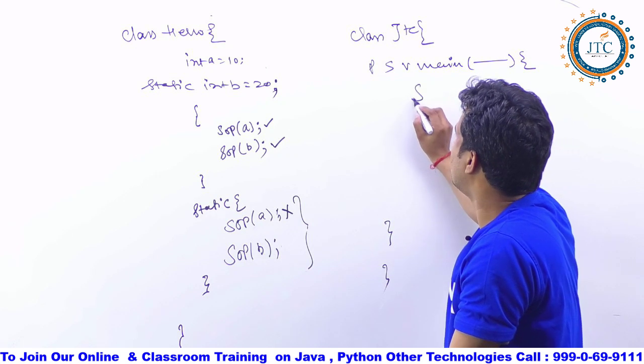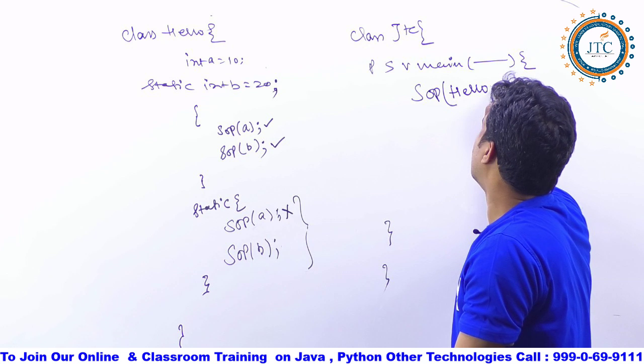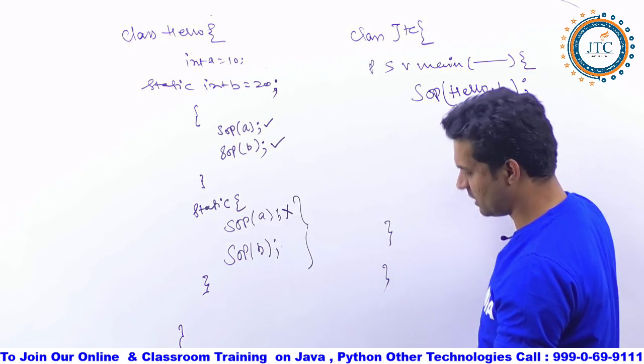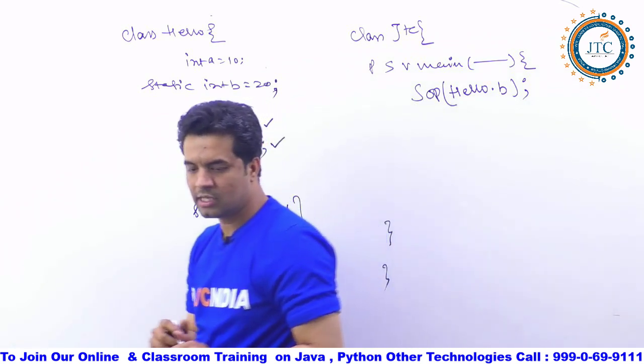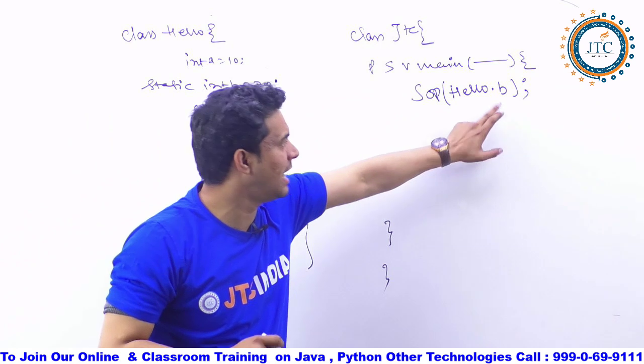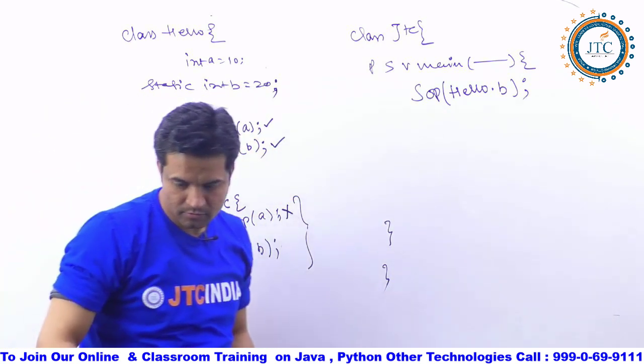If I write SOP of Hello.B, that is the very first operation I did: SOP of Hello.B. I have written Hello.B, fine.